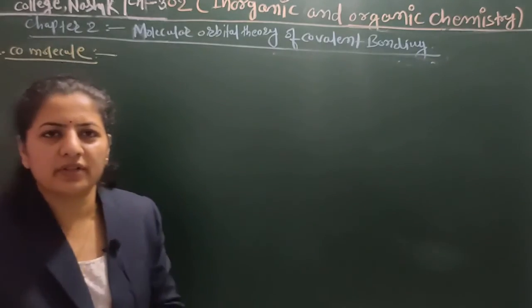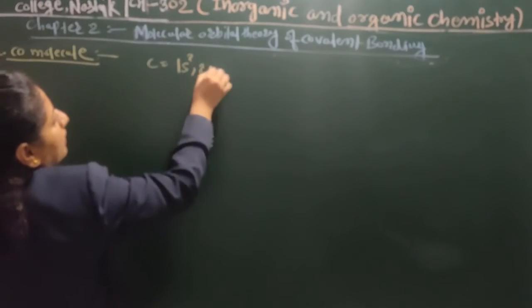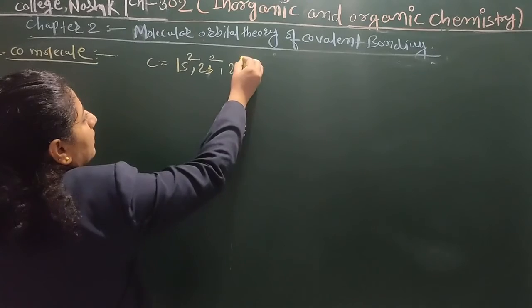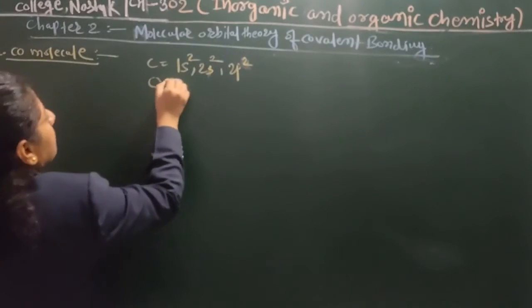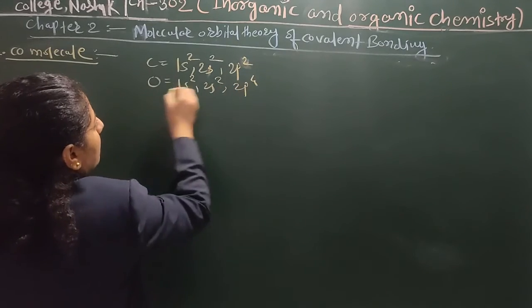It is also a heteronuclear diatomic molecule. Carbon has the electronic configuration 1s2, 2s2, 2p2, whereas oxygen is 1s2, 2s2, 2p4.